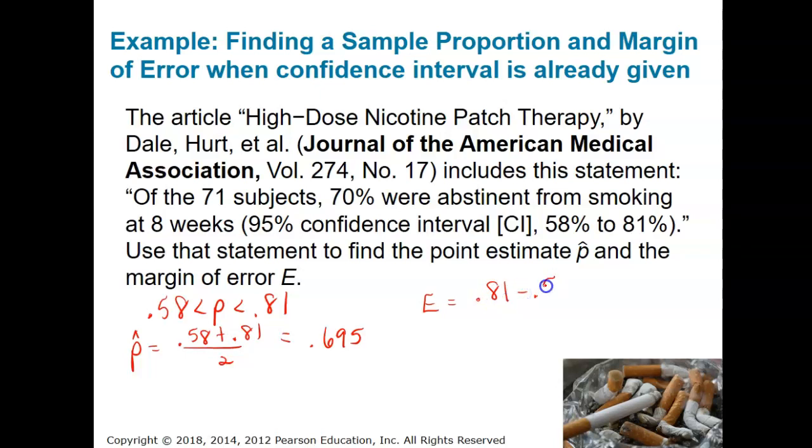Typically, I like to put the larger one first, and I get 0.115. I say typically because our margin of error is usually reported as plus or minus anyway, so it's not terribly important, but it really should be the larger one minus the smaller one.